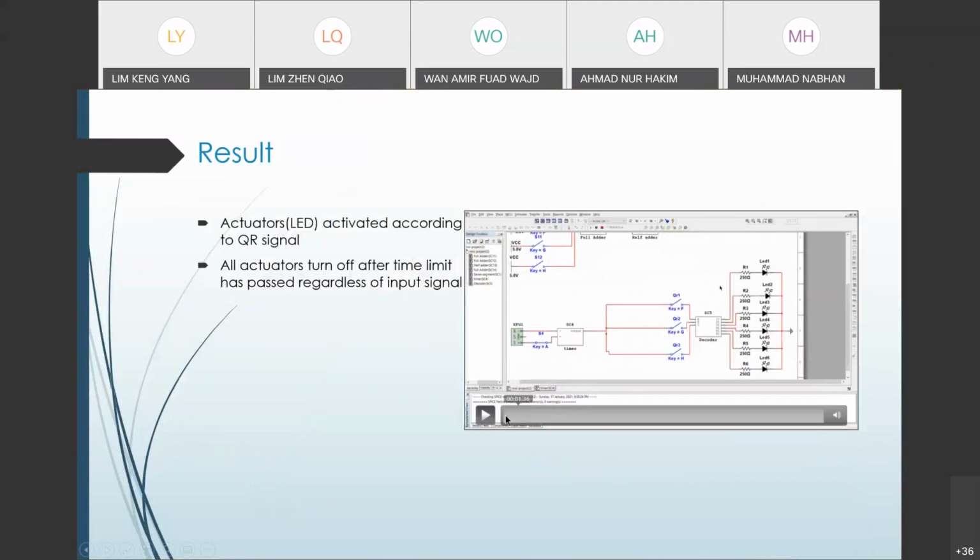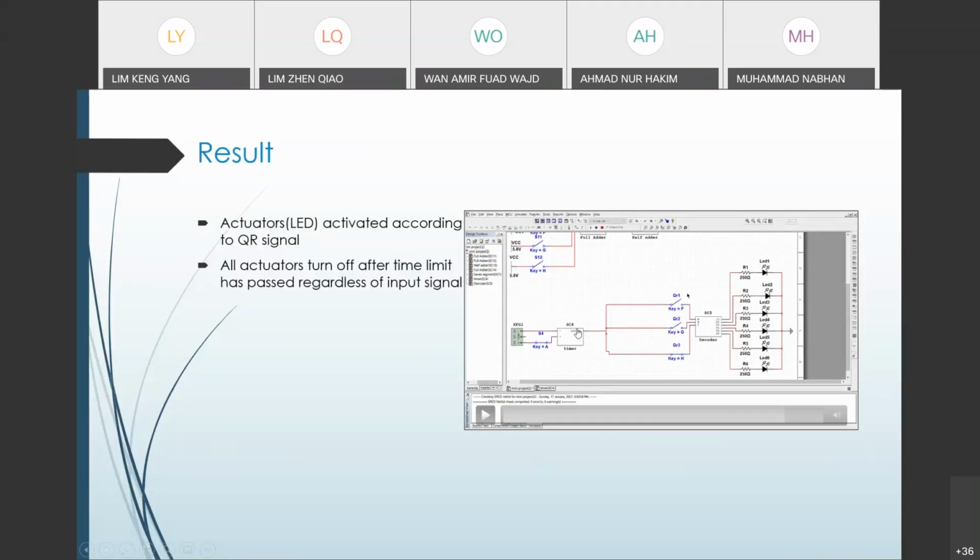Also, as you can see here, even though the signal is 100, which means the fifth LED should be lit up, the LED is off because we use a timer.